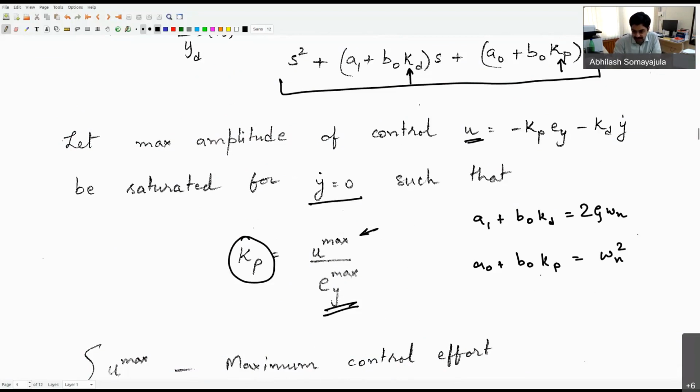Now, since Kp itself is chosen in terms of this so-called design parameter, E max, I can write this as A0 plus B0 times U max divided by E max is equal to omega n square.